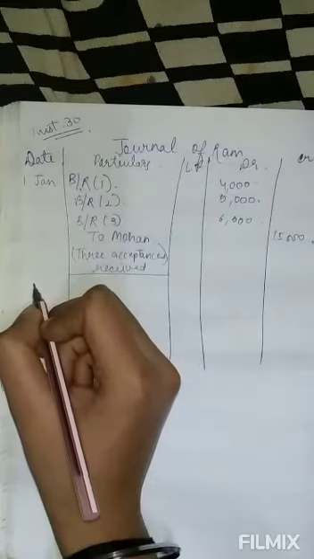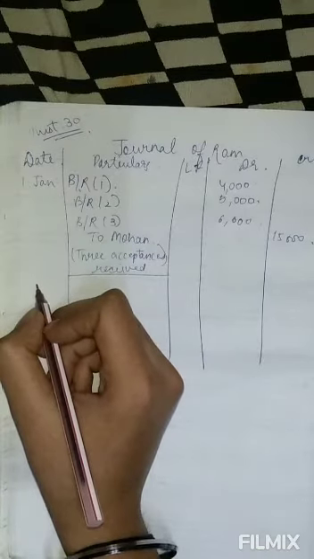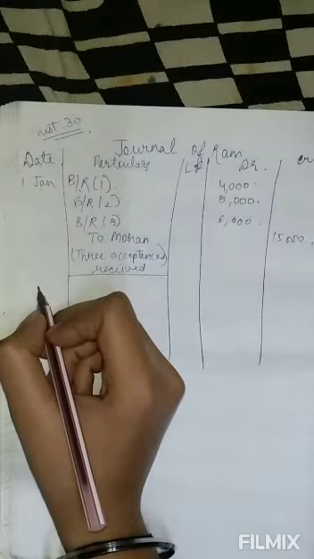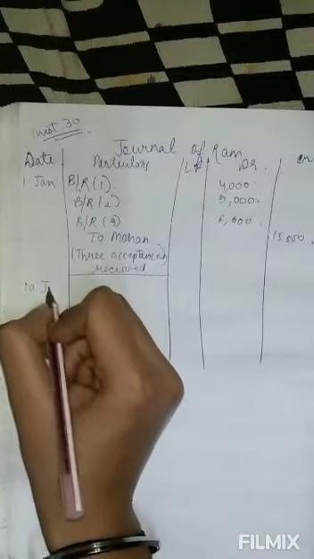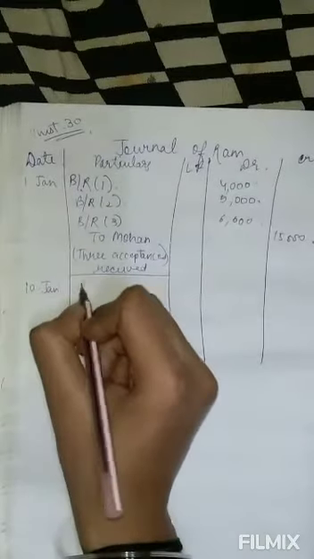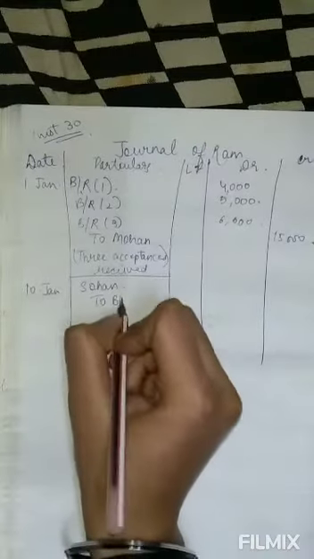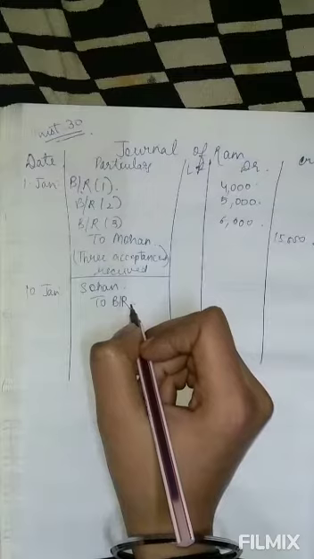Then in the second para it's given that on 10th January Ram endorsed the first bill to the creditor Sohan, means on January 10 Sohan debit to BR, right? According to the journal, Ram endorsed the first bill.